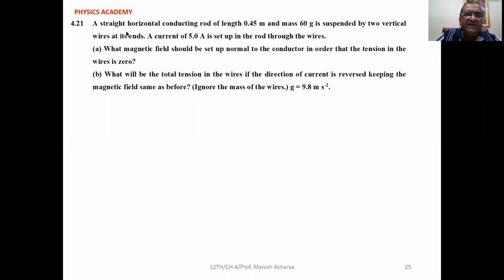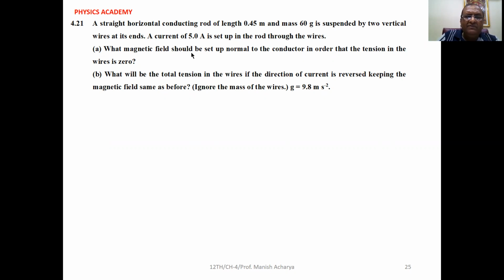0.21. A straight horizontal conducting rod of length 0.45 meter and mass 60 grams is suspended by two vertical wires at its ends. A current of 5 ampere is set up in the rod through the wires.